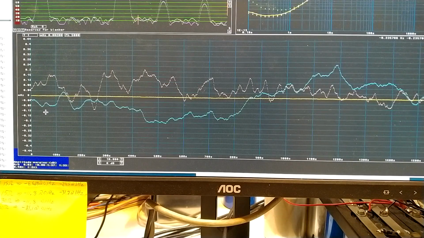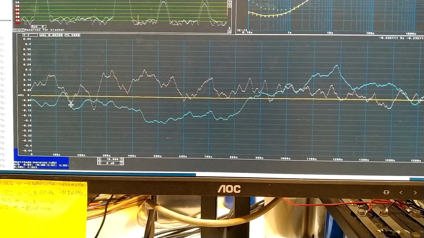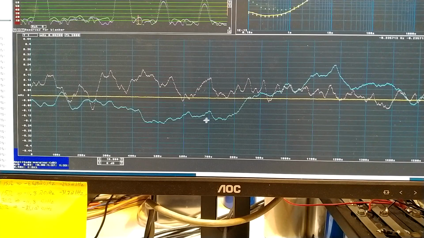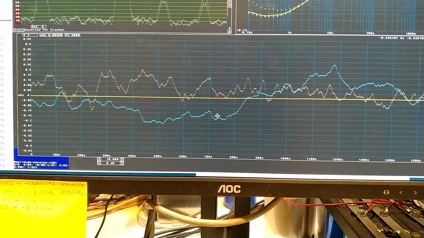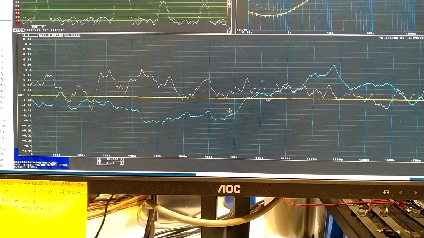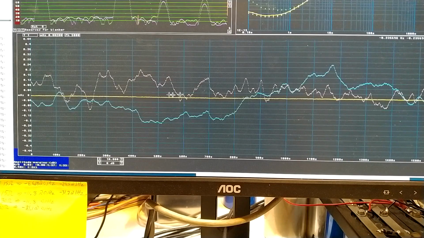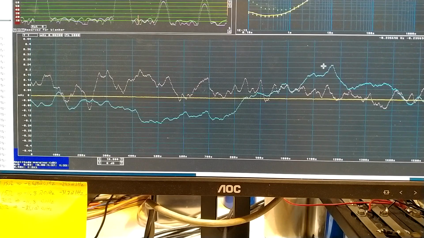So I just wonder what these fairly rapid variations of the phase can be caused by, presumably something electronic. I don't think the temperature can vary like this so rapidly.